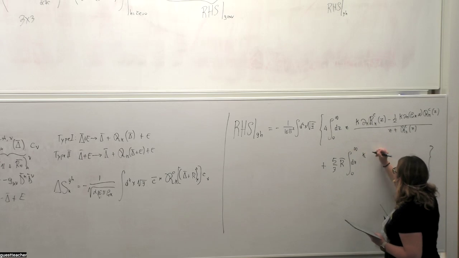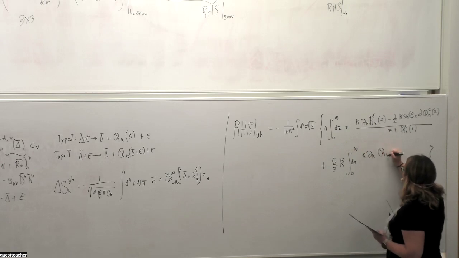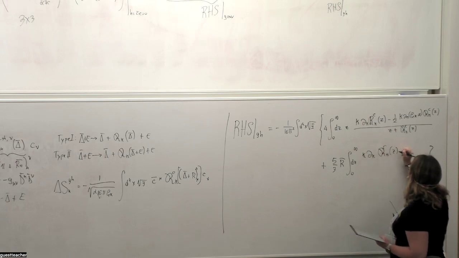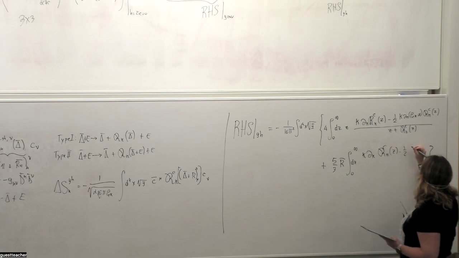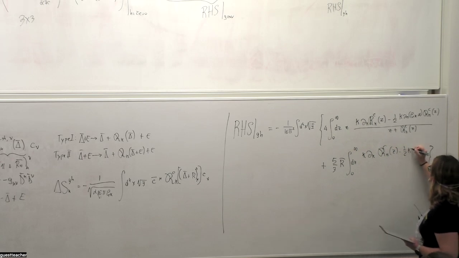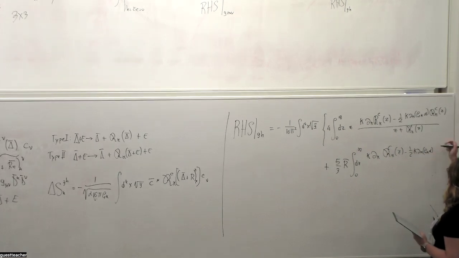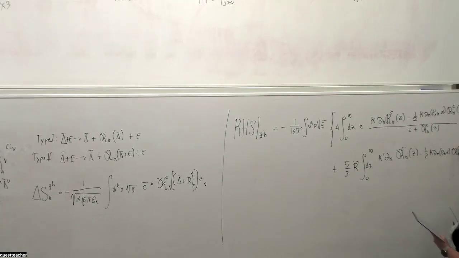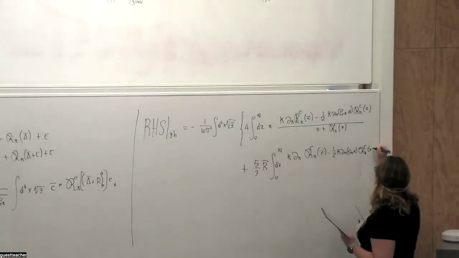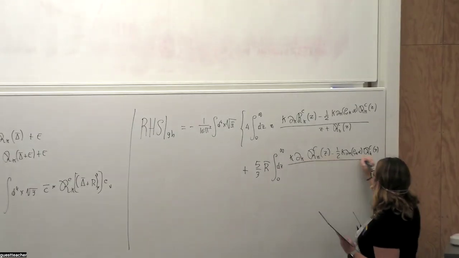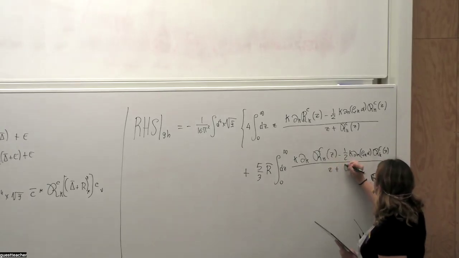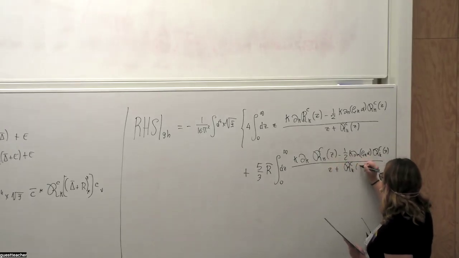So we have k dk R_k of z minus 1 over 2 k dk g_k alpha, z over z plus R_k of z.